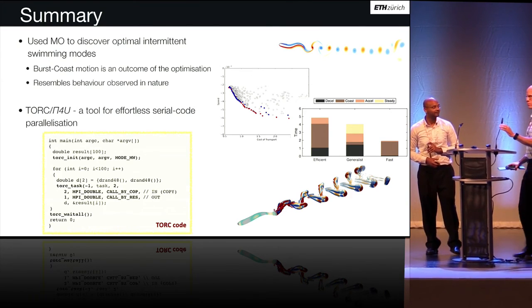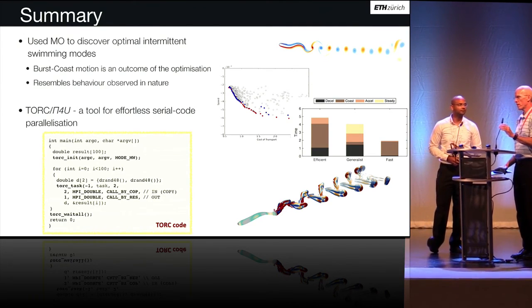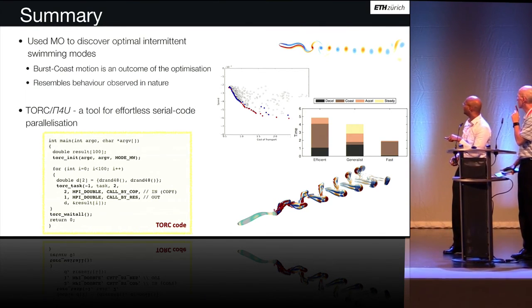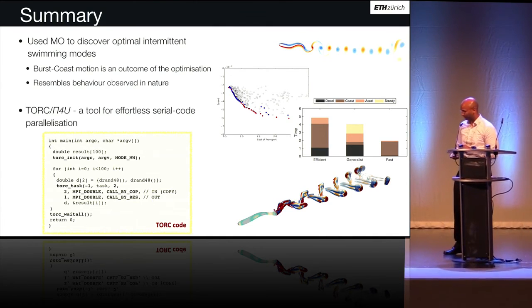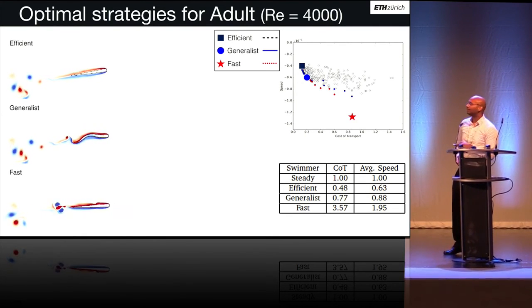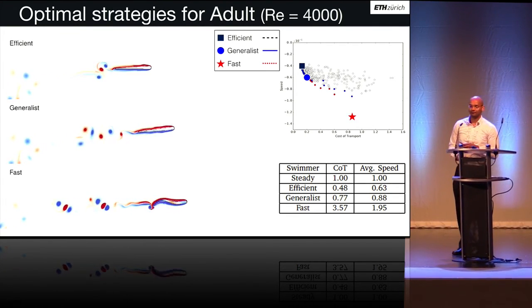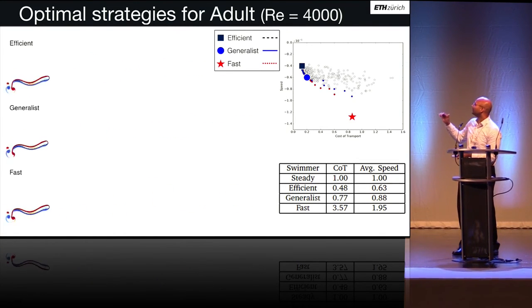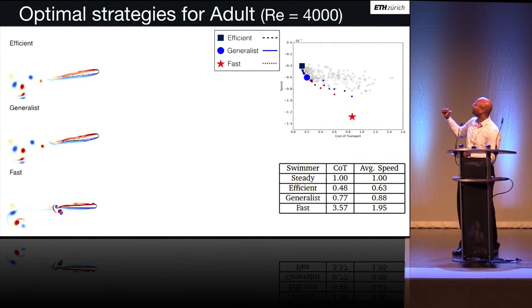I have one. Would you please explain the interpretation of the colors on your visualizations? Sure. For example, starting with the 2D ones. You mean what the colors mean here? Red, blue, yes. The colors are basically vorticity.